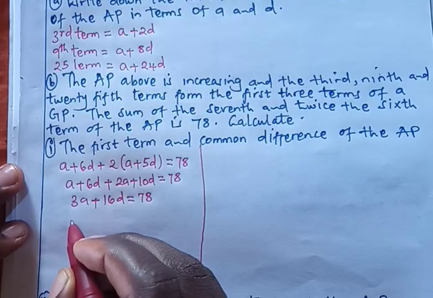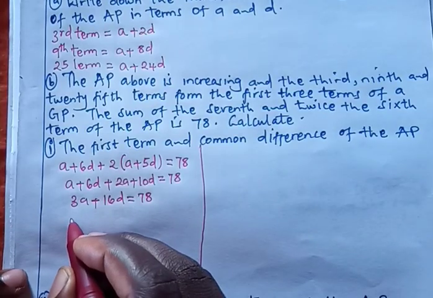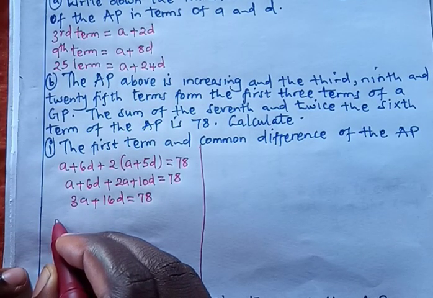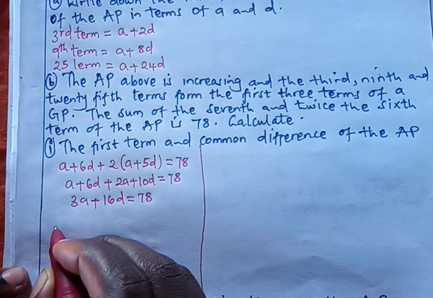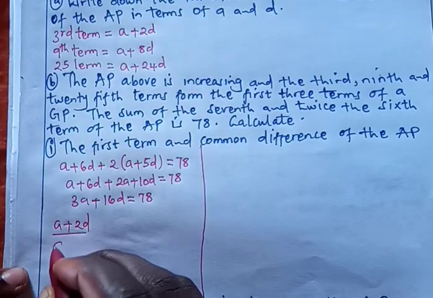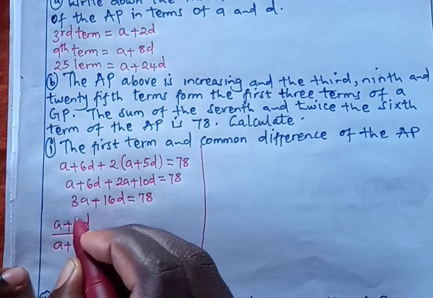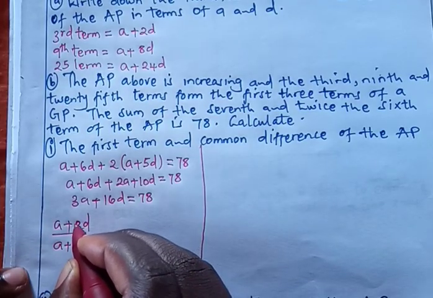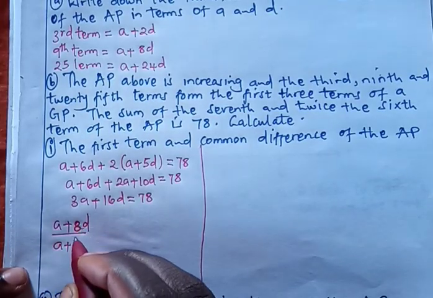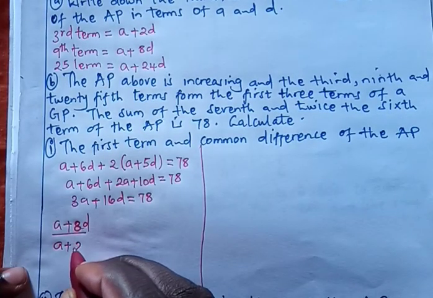So for us to be able to work out the first term and the common difference, we take the ninth term, which is A plus 8D, and divide by the third term, which is A plus 2D.